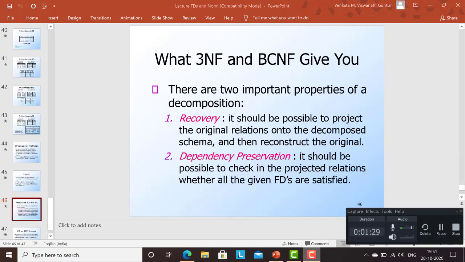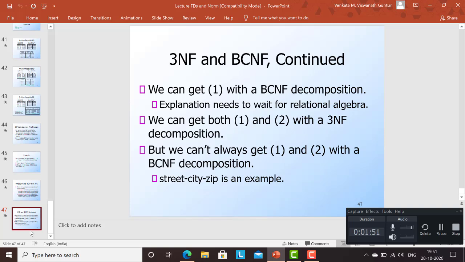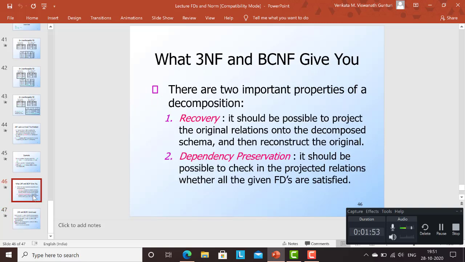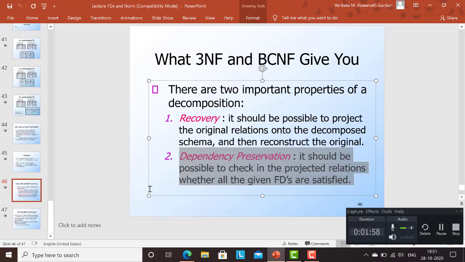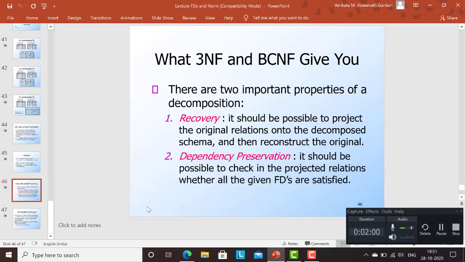So this is sort of the summary slide. Now, two properties, lossless decomposition and dependency preservation, and probably a step 0, which is the removal of redundancy. BCNF will give you lossless decomposition, which means it will give you recovery, and it will also minimize the data redundancy.